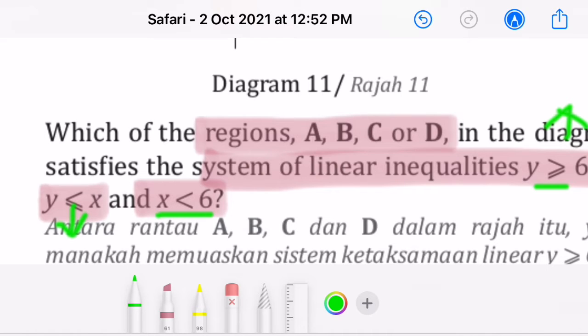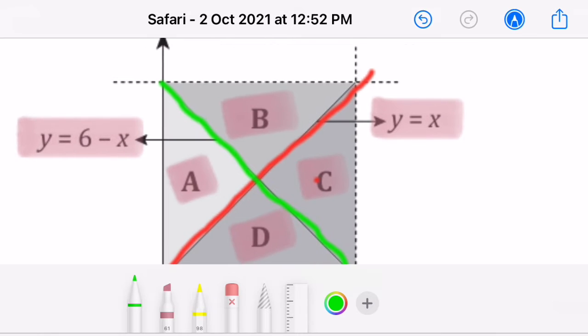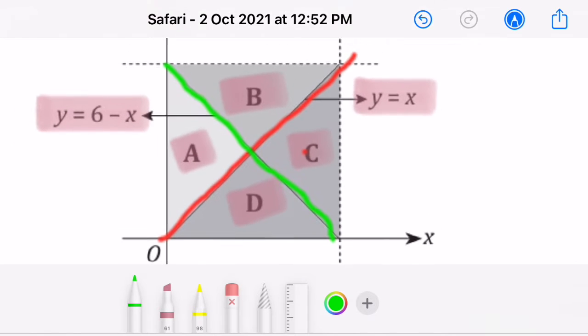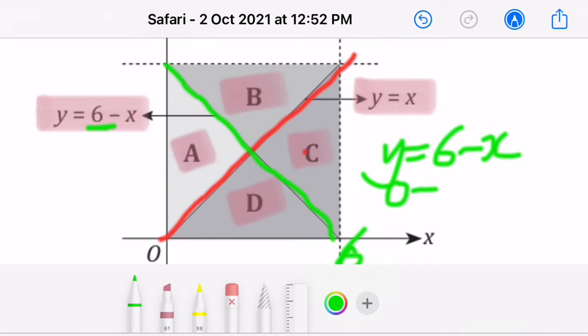This one is a dotted line, less than, so it's to the left of x. This is x equal to 6. How do you know this is 6? You take y equal to 6 minus x, let y be 0, find the x-intercept, x equal to 6.